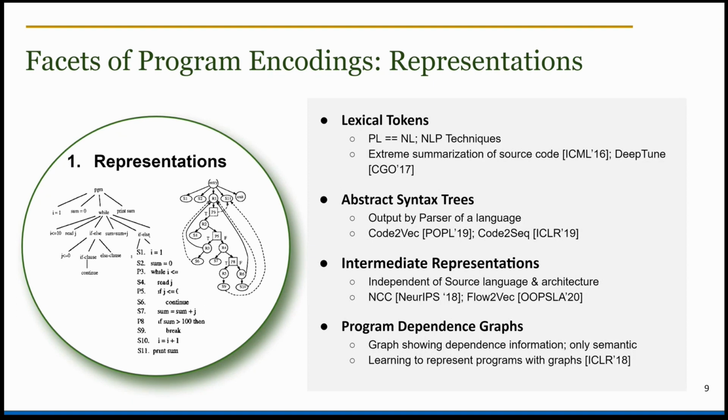The main crux is that when we go to a completely program dependence graph kind of representation, we encode a lot of semantic information, but we tend to miss out a bit of syntactic information, which is the opposite when it comes to lexical tokens. And we have intermediate representation lying in the sweet spot that captures both syntactic and semantic information to a good extent.